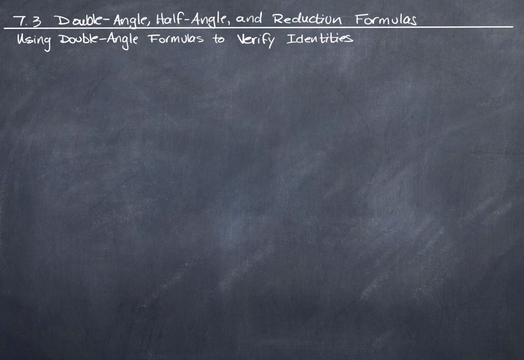And here I'm asked to prove the given identity. I'm just going to write prove. The identity is the sine of t minus the cosine of t quantity squared equals 1 minus the sine of 2t. That's what I'm asked to do.